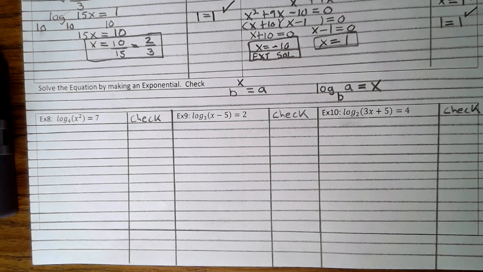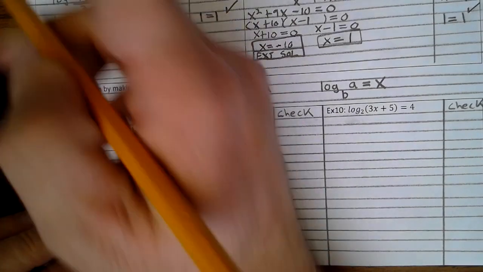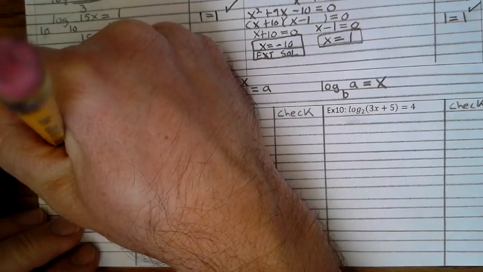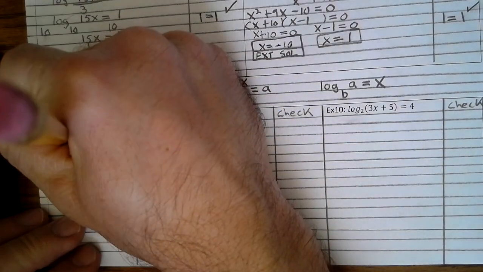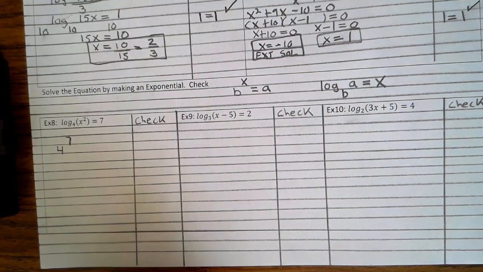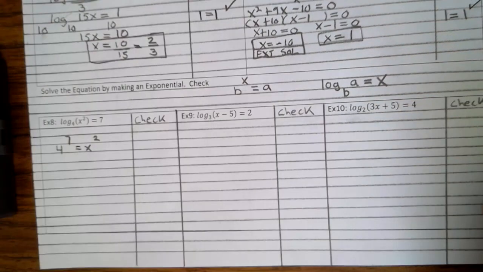So now, here we have to identify what the b value is, which in that case is 4. So 4 to the 7th is equal to x squared. Well, 4 to the 7th is 16,384 equals x squared.